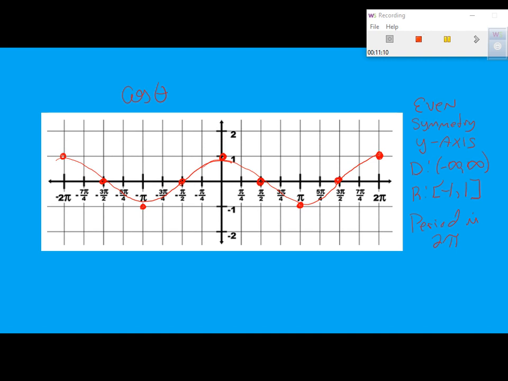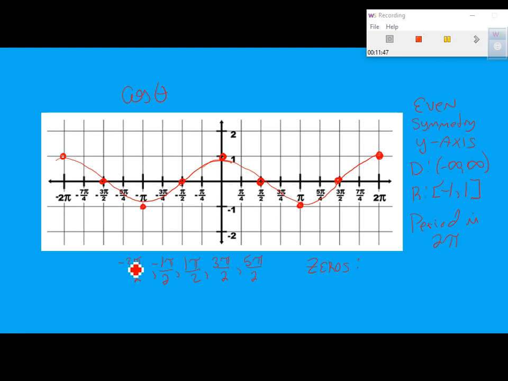Now the zeros are a little bit harder to see on this one. So notice the zeros, they are at 1 pi over 2. They are at 3 pi over 2. I'm going to tell you there's another one at 5 pi over 2. If I come back this way, there's one at negative 1 pi over 2 and another at negative 3 pi over 2.